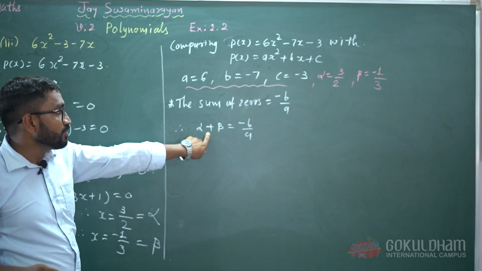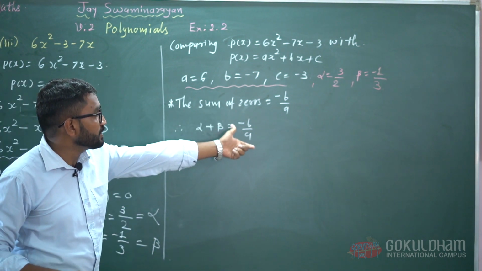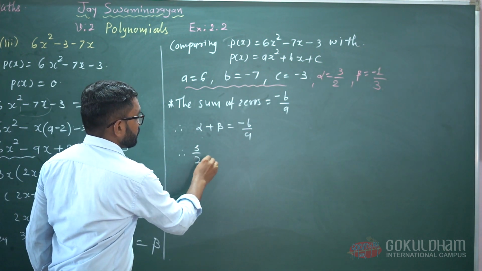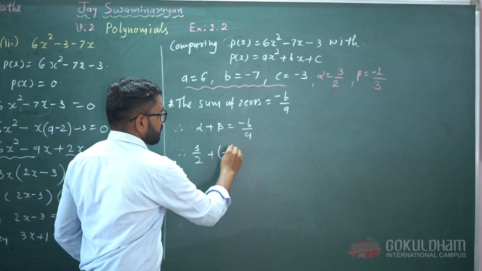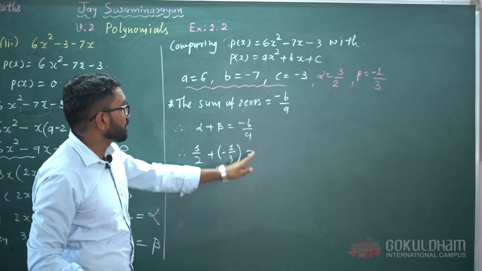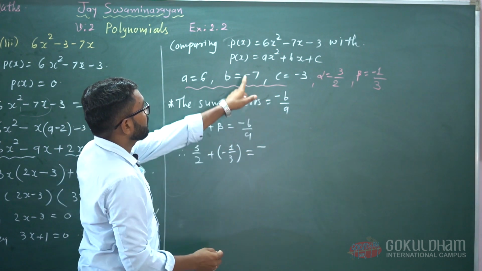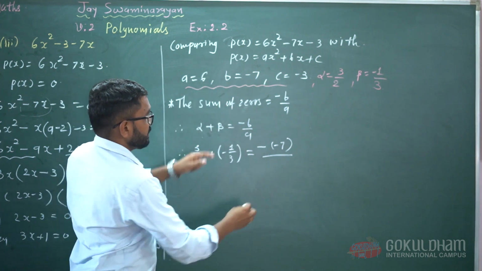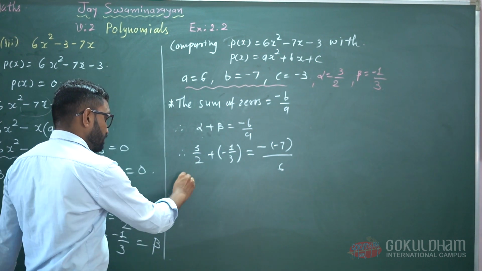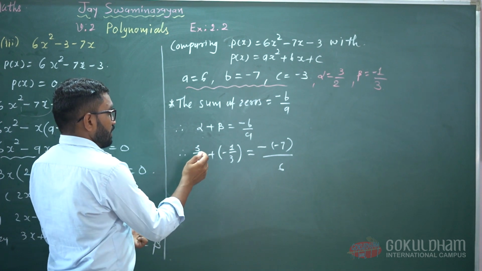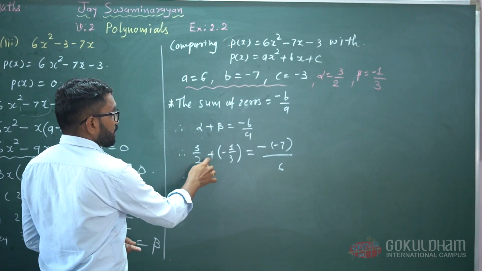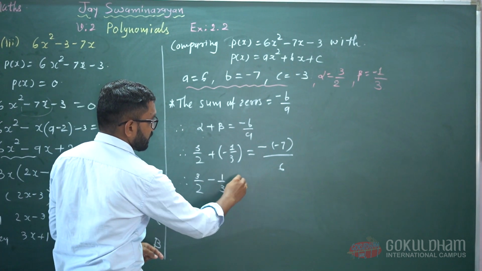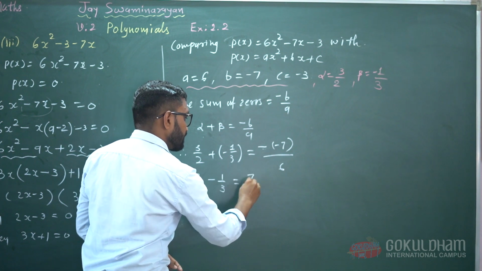Now we put the values of alpha, beta and the coefficients from the given. Alpha equal to 3 by 2, beta equal to minus 1 by 3, equals minus the value of b, which is minus 7, over the value of a, which is 6. Now take LCM and add. 3 by 2 plus minus 1 by 3 equals plus 7 by 6.